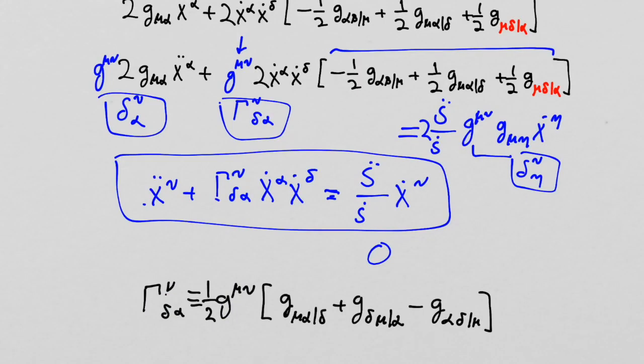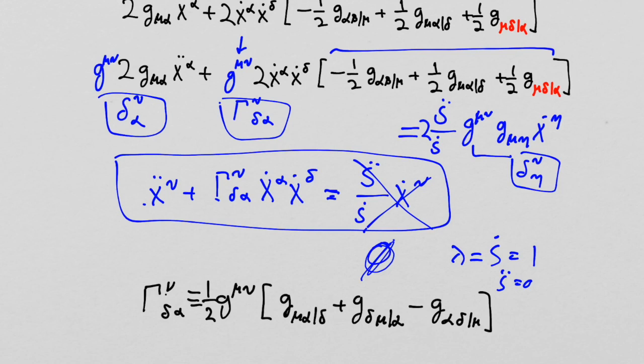So if you said that lambda equals S, then S dot is equal to 1, and S double dot is equal to 0, and this whole side goes away. And you do get your 0. And that's the whole point.